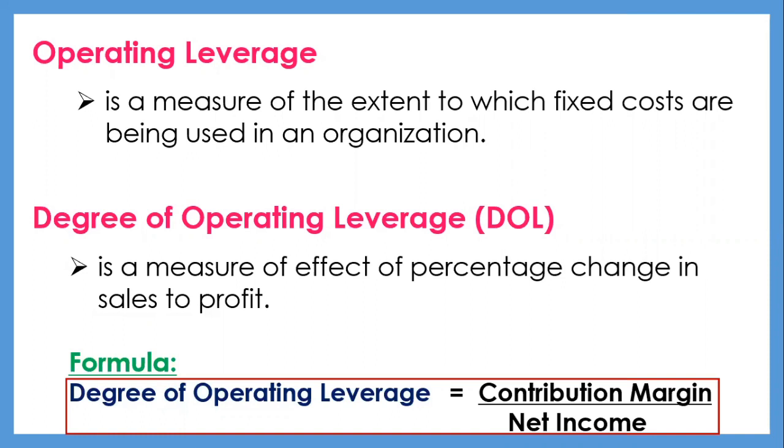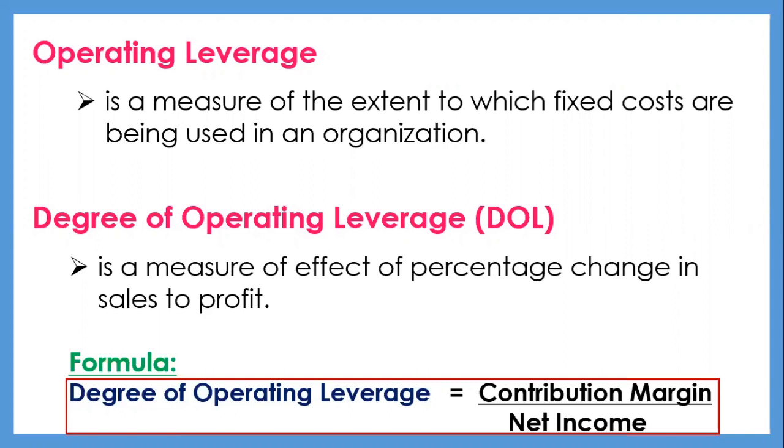Now, as discussed earlier, the focus is on the contribution margin as a control measure by which net income can be achieved. Consideration shall be given to fixed costs as another component in the income statement structure, because the higher the fixed cost, the higher the leverage, and the lower the fixed cost, the lower the leverage.